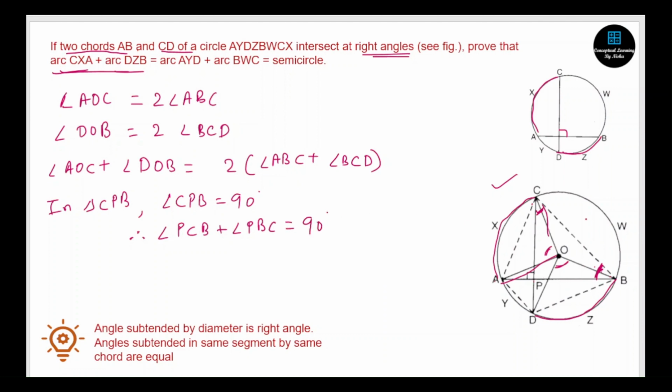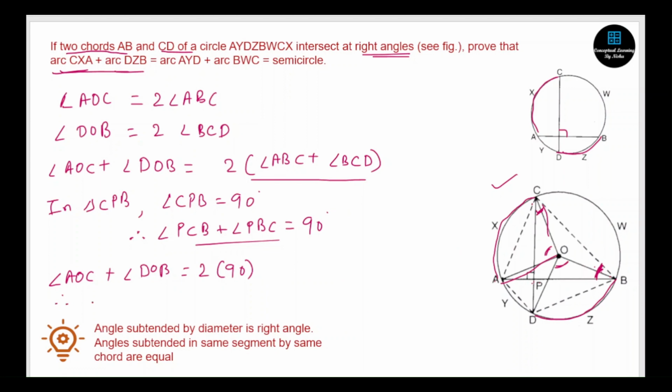But angle PBC is the same as angle ABC, see, P and A. And in the same way, angle PCB is nothing but DCB. So from these two, I can write that angle AOC plus angle DOB equals 2 times 90.